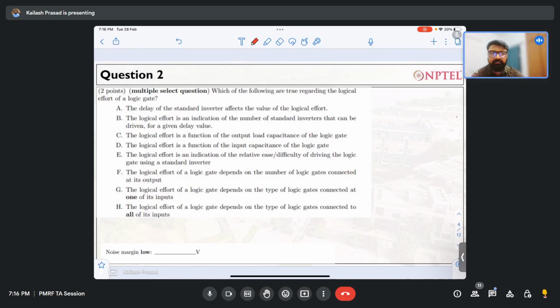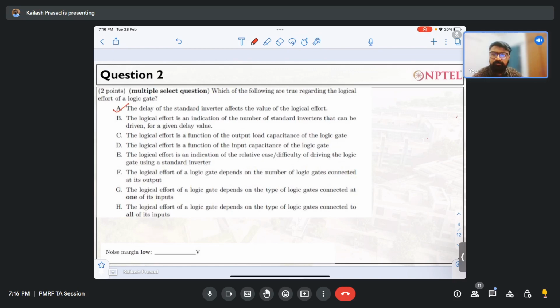If you see the first argument, the delay of the standard inverter affects the value of the logical effort. That's the correct argument, because if you want to calculate the logical effort of any gate for any input, you normalize with the inverter. If the delay of the inverter changes, or the size of the inverter changes, then the logical effort will also change. So A is the correct answer.